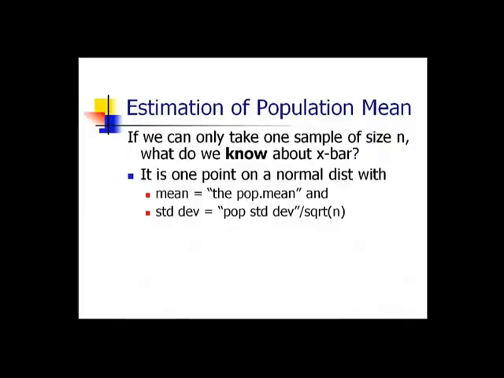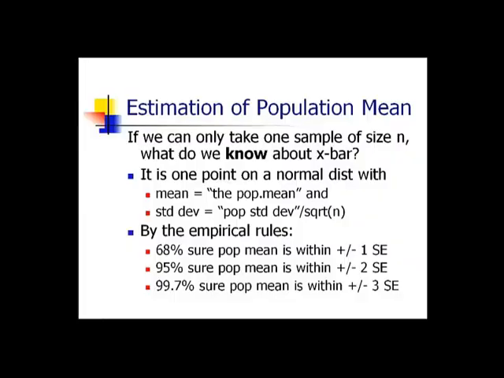We know that, for example, using the empirical rules, there is a 95% chance that this one observation is within plus or minus 2 standard errors from the population mean. And that's where our video led us, and that gives us the basis of a 95% confidence interval. Just from our other empirical rules, we're 68% sure that the distance from the sample mean to the population mean is within plus or minus 1 standard error.